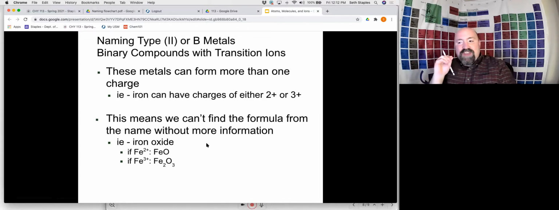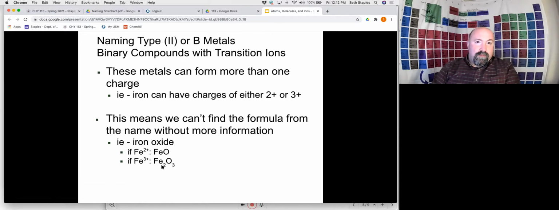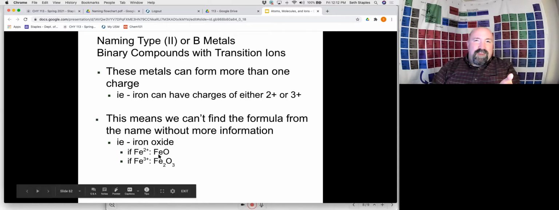In other words, if I just tell you iron oxide, you've got no idea if I'm talking about iron 2+, which would give us a formula of FeO, or iron 3+, which would give us a formula of Fe2O3. Two very, very different compounds from each other. The first one, FeO, I can't think of much of what that one would be used for, but Fe2O3, there's rust. That's what rust is. And so these are very different compounds from each other.